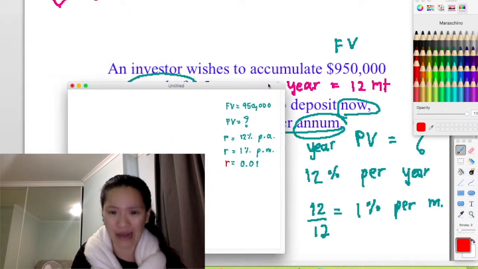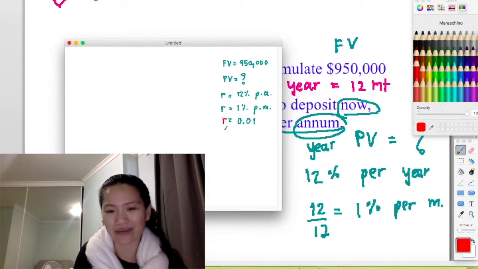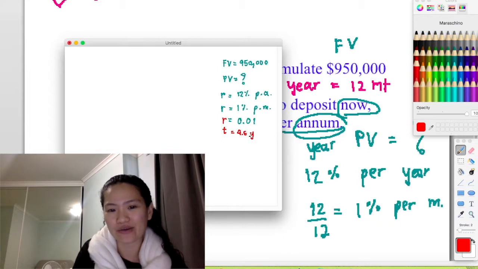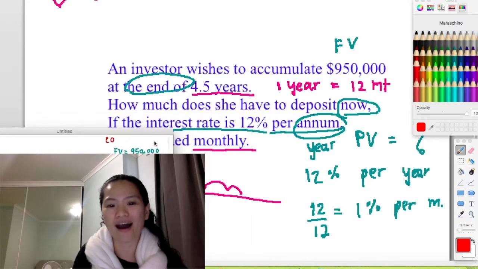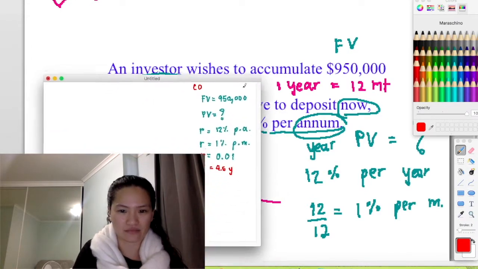Yeah. And what else do you need? You need time. Tricky as well. Time is 4.5 years. But they tell you, compound monthly.